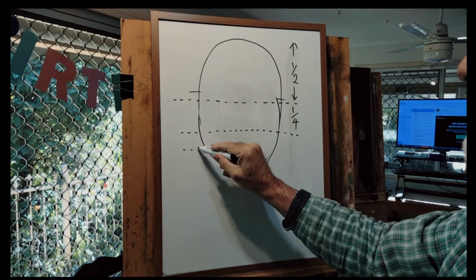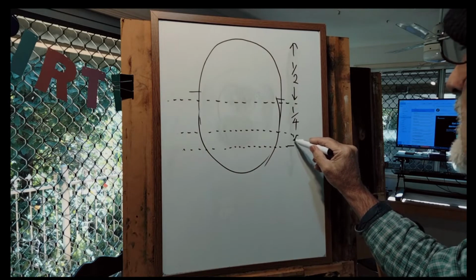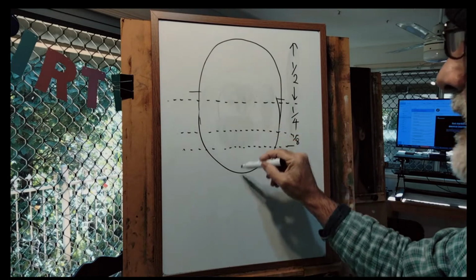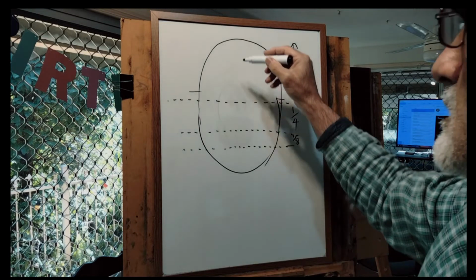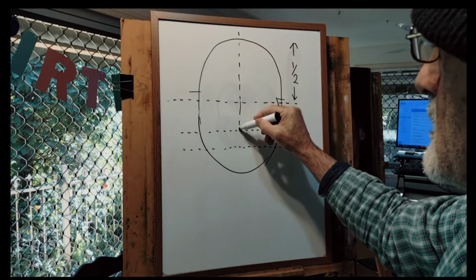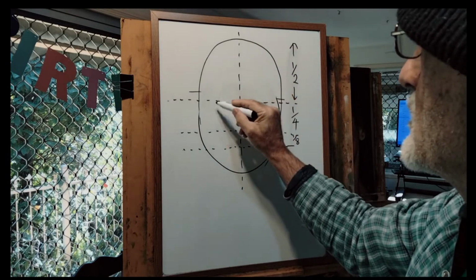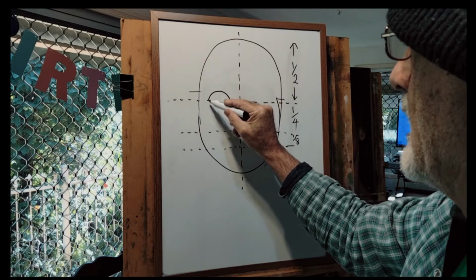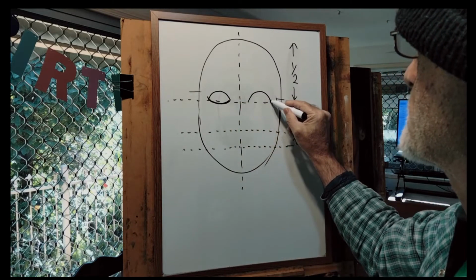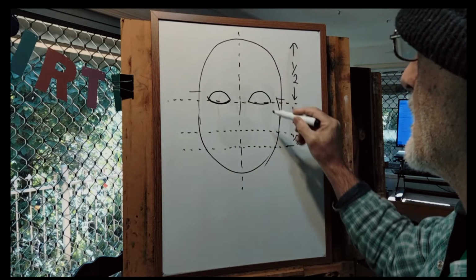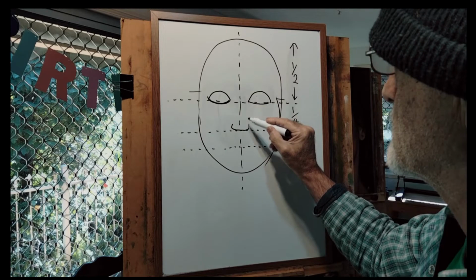And typically the mouth is halfway down that last quarter of the face. So the eyes are somewhere in this region, and the bottom of the eyes tend to be at the halfway point. The end of the nose, the mouth.